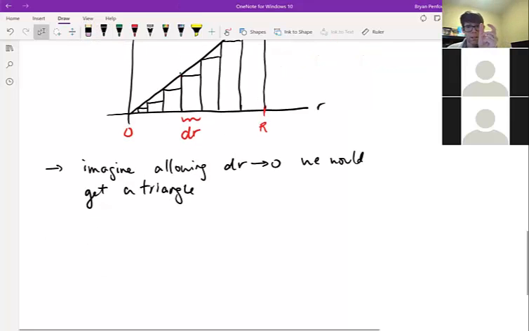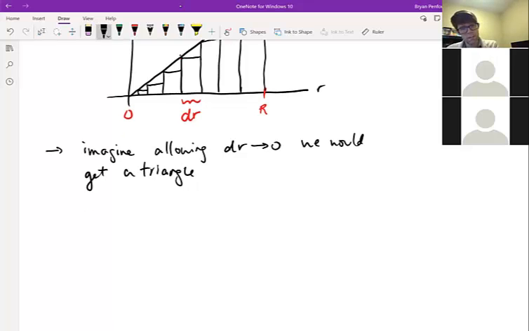So imagine that little dr starts getting smaller and smaller, so we start getting more and more rectangles inside of this picture. Eventually, we're going to settle down onto a nice triangle that looks something like this.